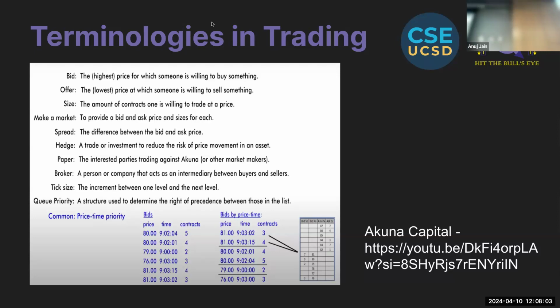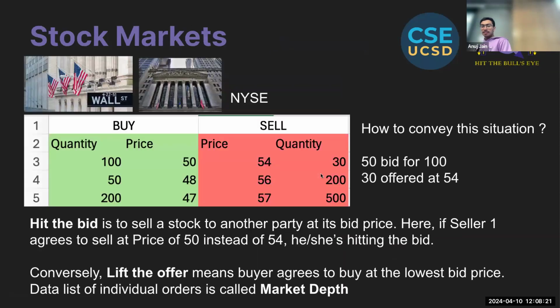So here in the diagram in the chart we have, and then it was about conveying the situation.